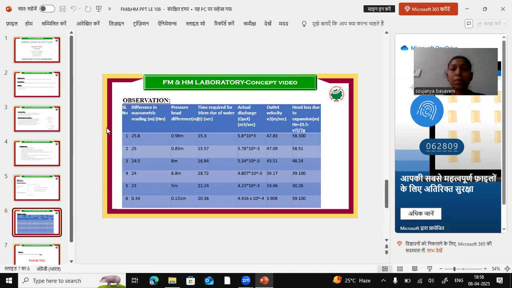By doing the experiment, we get the difference in manometer reading, pressure head difference, time for the 10 centimeter rise of water, actual discharge, outlet velocity, and loss due to sudden expansion.